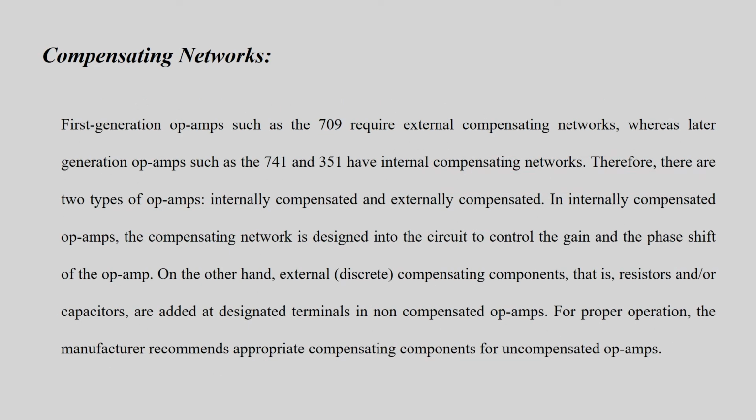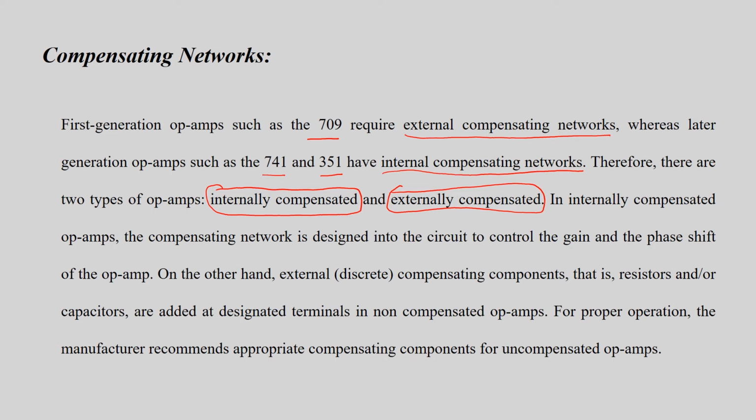The first generation of OpAmps, such as 709, requires external compensating networks, whereas later generation of OpAmps such as 741 and 351 have internal compensating networks. Therefore, there are two types of OpAmps: internally compensated and externally compensated OpAmps.